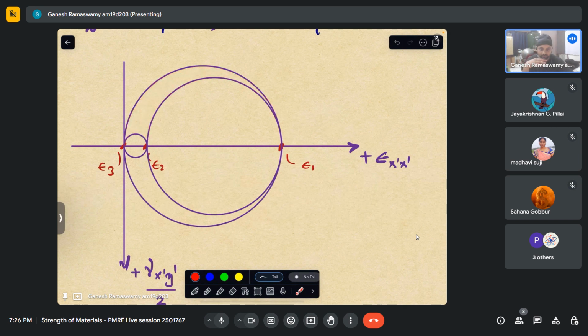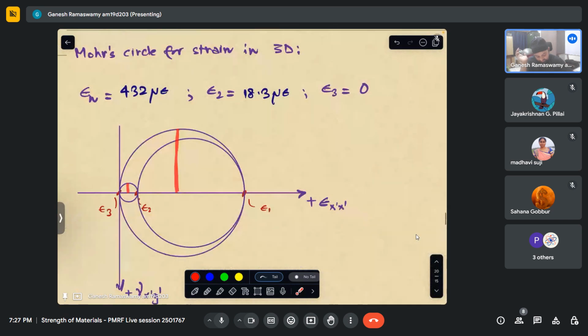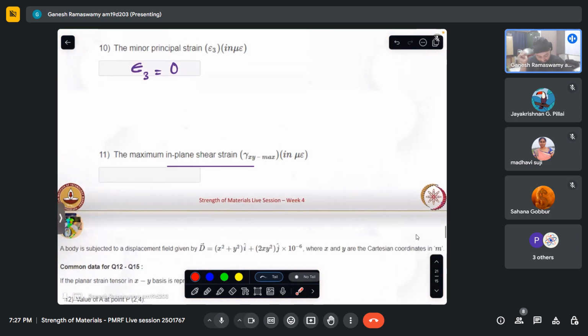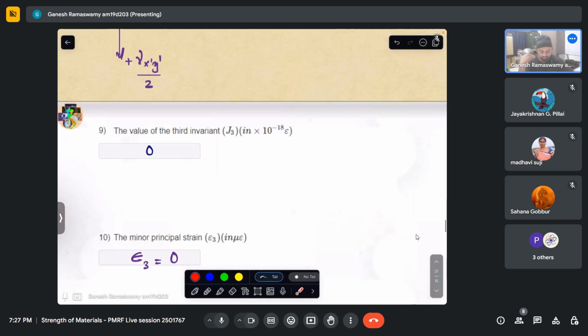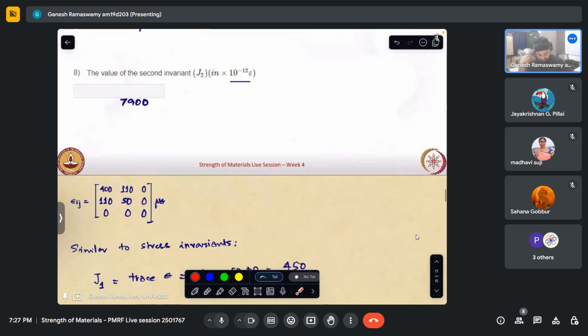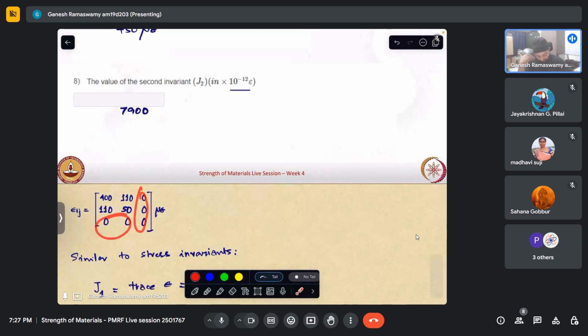Okay. So for the first Mohr circle, we can see that this is my maximum shear strain, similar to shear stress. Only thing is this is half of that value. This is for 2, 3, and for 1, 3 is for the bigger circle. So what has been asked in the question, let us see. The question asks, what is the maximum in-plane shear strain? Since out of plane is 0 here, what they are talking about is what is the in-plane maximum shear strain.